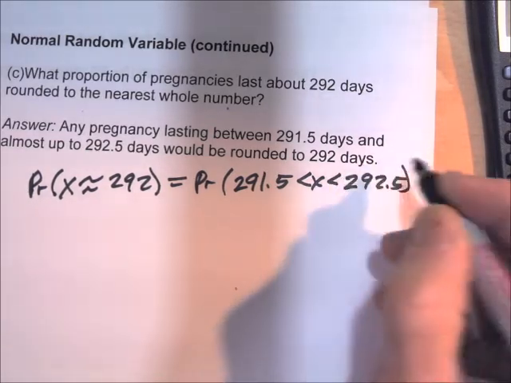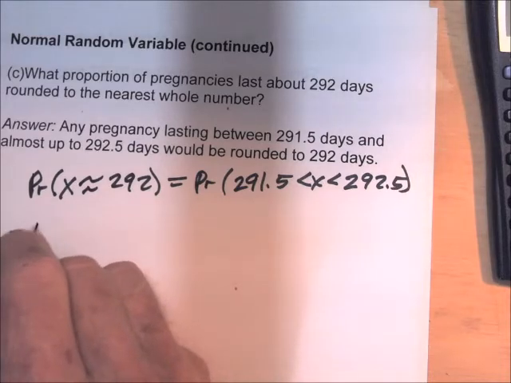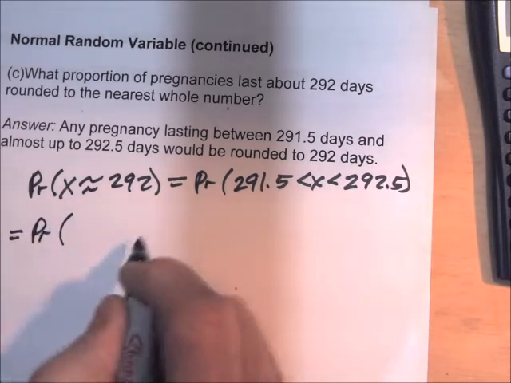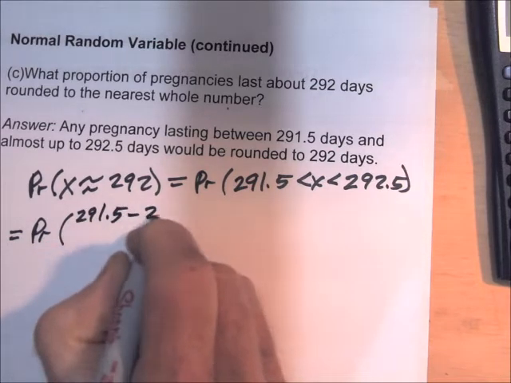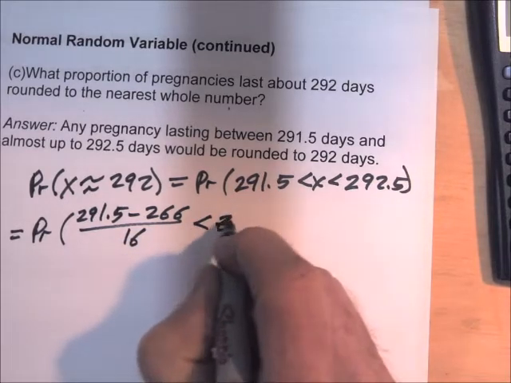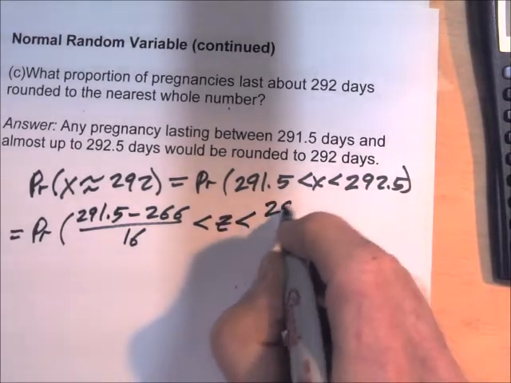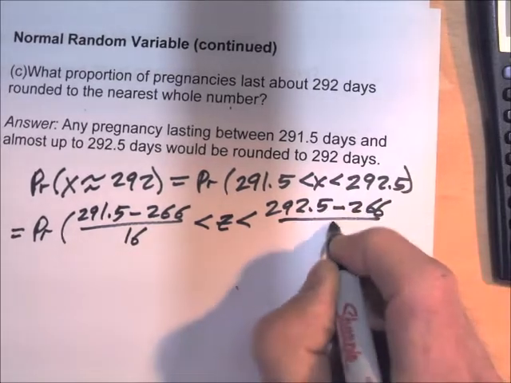So add 0.5 and subtract 0.5, and then make each of these into z-scores by subtracting the mean and dividing by the standard deviation. So 291.5 minus 266 over 16 less than z less than 292.5 minus 266 over 16.